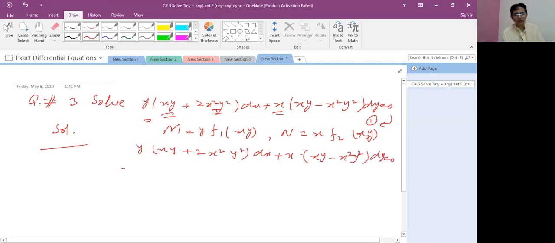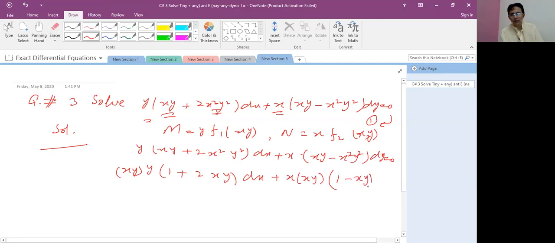First we take in common xy. So 1 plus 2 times xy into dx plus x into xy. So in this way 1 minus xy into dy, which is equal to 0.